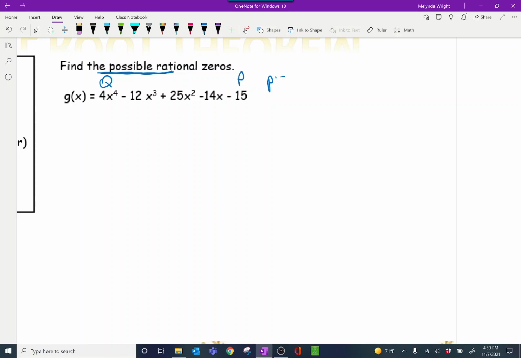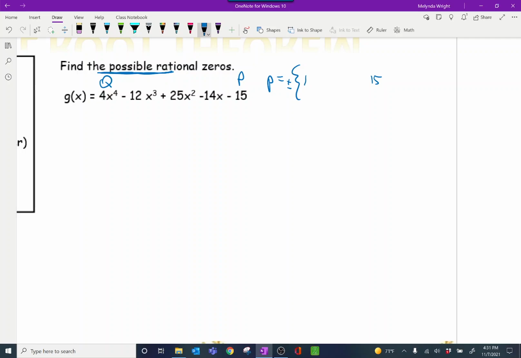So first up, we look at 15, and all these numbers could be positive or negative, so we need to consider both positive and negative versions. I love factor trees. We can think of this as like a rainbow. We go 1 times 15 is 15.